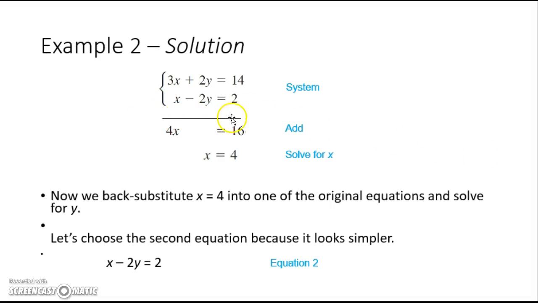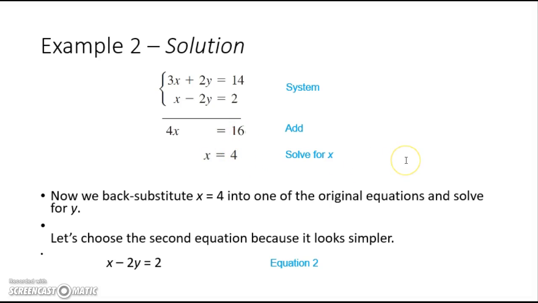The way you add them is to draw a line underneath them and add down. Copy down the equal sign, and then add every pair of corresponding terms. 3x plus x equals 4x, negative 2y plus 2y equals 0, and 14 plus 12 equals 26. Therefore, 4x equals 16 and x equals 4.